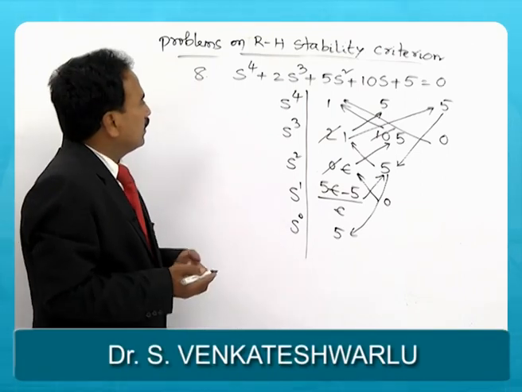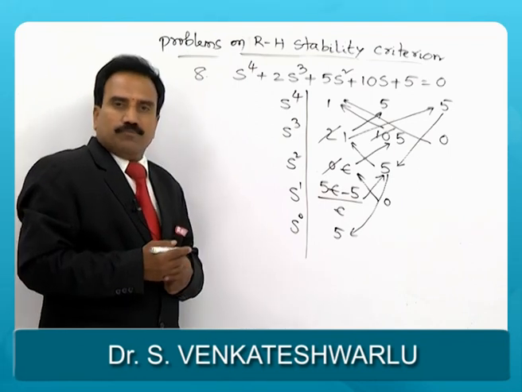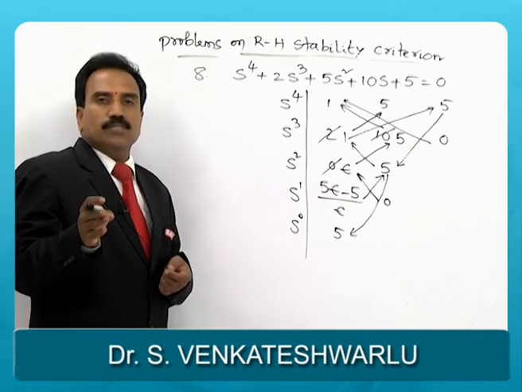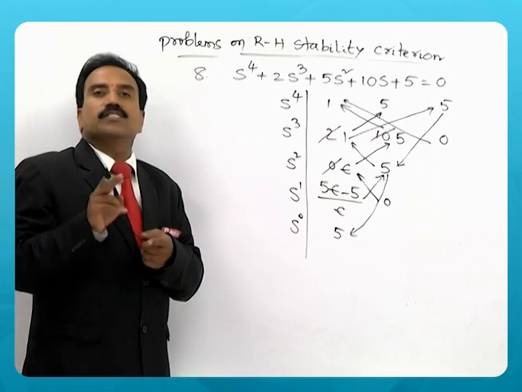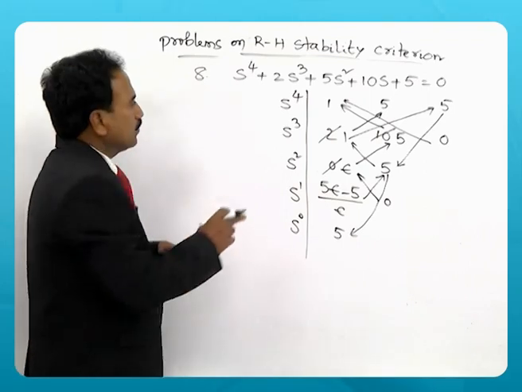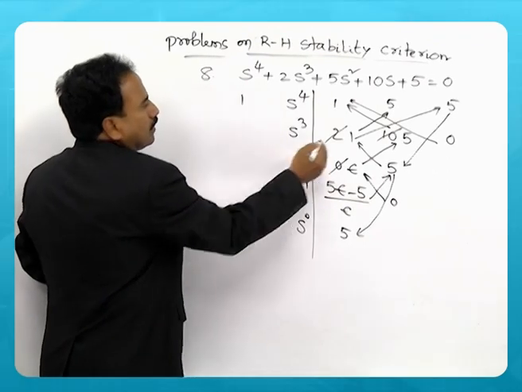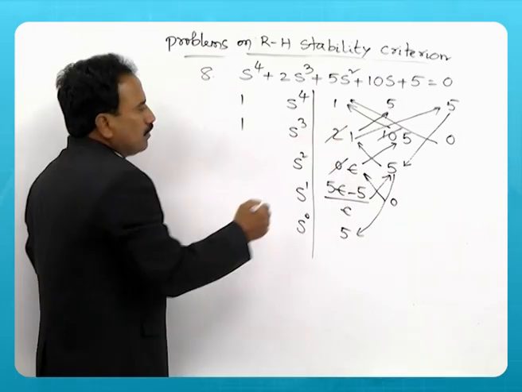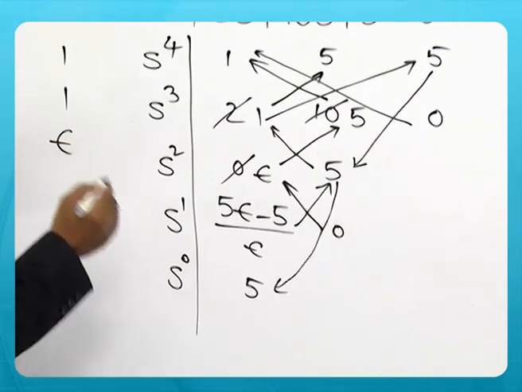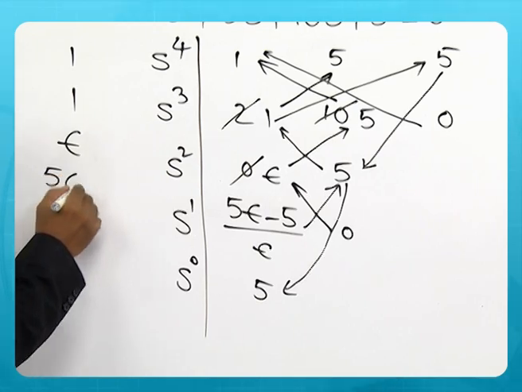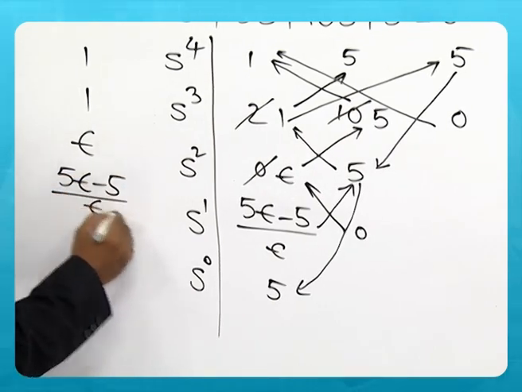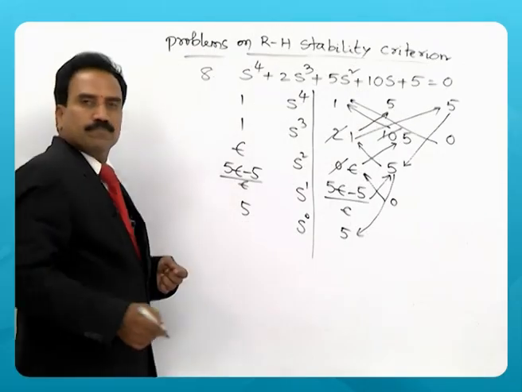Now let us look at the first column. We are not interested in the values, but only in the sign changes in the first column. So the first element is 1, the second element is 1, the third element is epsilon, the fourth element is 5 epsilon minus 5 by epsilon, and the last element is 5.